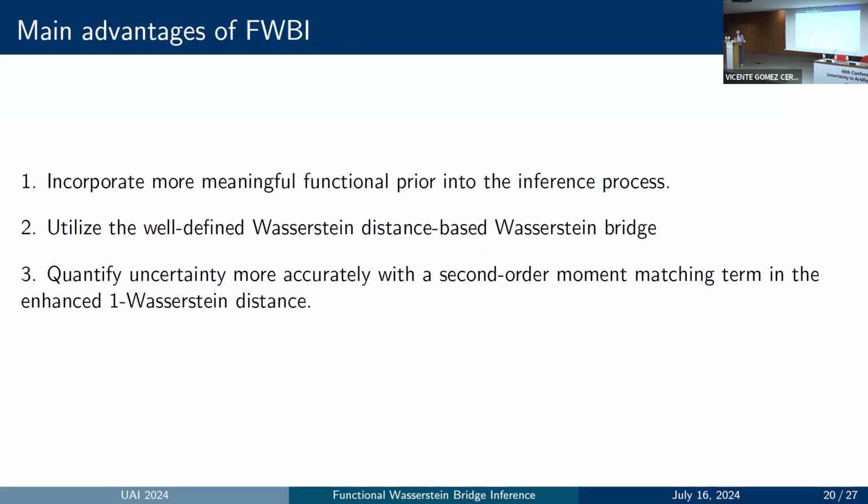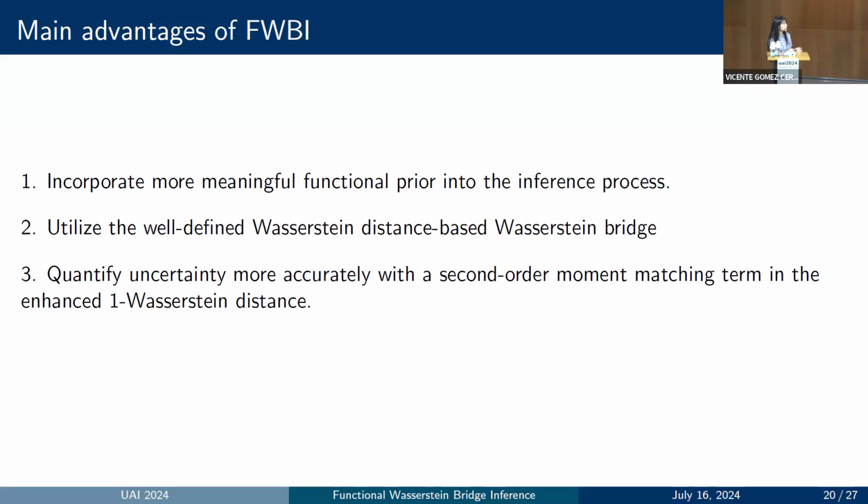So let's conclude the main advantages of our proposed FWBI. Firstly, it can incorporate more meaningful prior information into the posterior inference compared with the mean field parameter space variational inference, which usually uses IID Gaussian priors for the random model parameters.